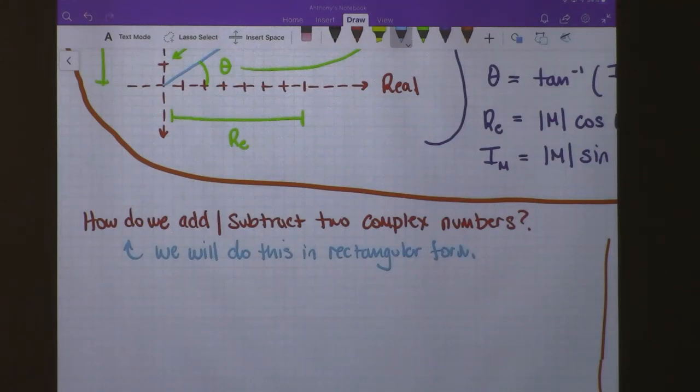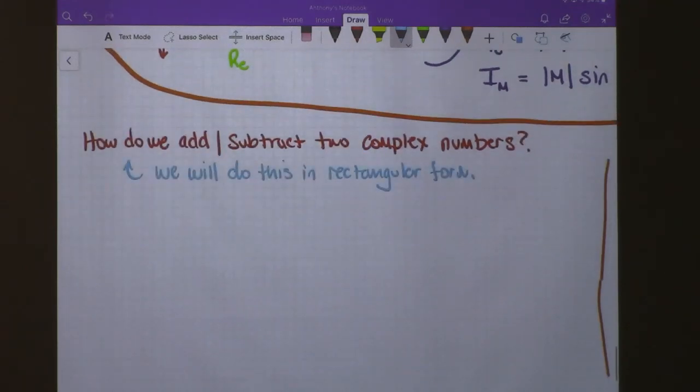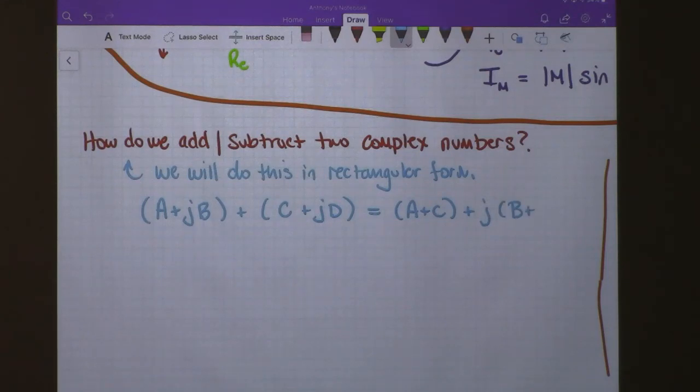And so if I have A plus jB plus C plus jD, all that you have to do is A plus C, and B plus D for the imaginary part. That's it. You add the real, you add the imaginary, and that's what you get.